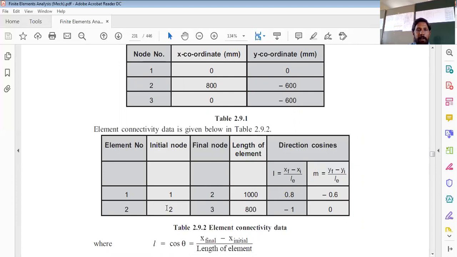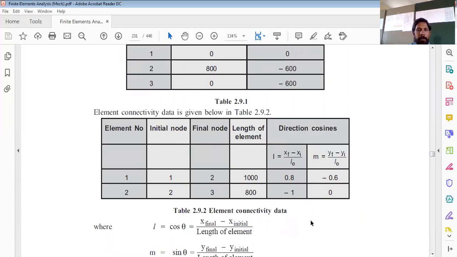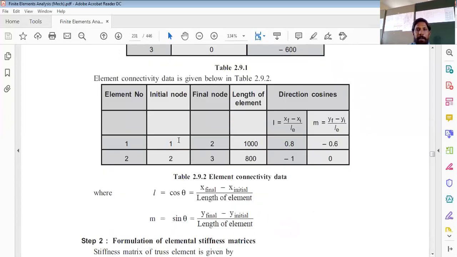So x final for element 2 is the x coordinate of node 3, which is 0. 0 minus 800 divided by 800 will be minus 1. And for M, minus 600 minus of minus 600, that is minus 600 plus 600, divided by 800, which will be 0. Therefore we got the element table data here.